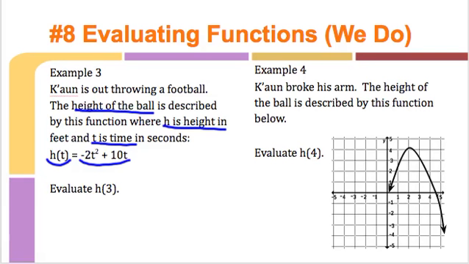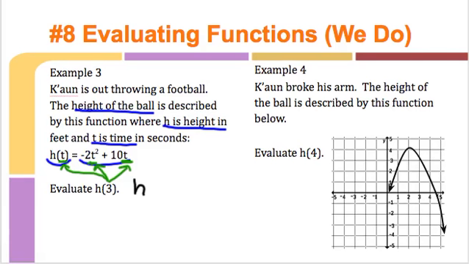In this case, we actually have two places where we have an input. We have t right here, and we have t right here. And I guess you could consider this t as well. So now when it says evaluate h of 3, I'm going to go ahead and replace every t with 3. So here we go.